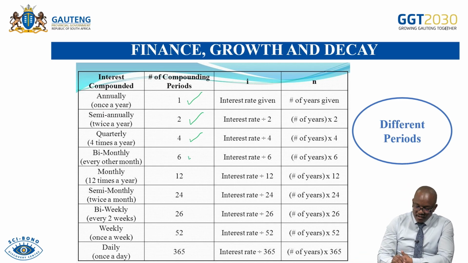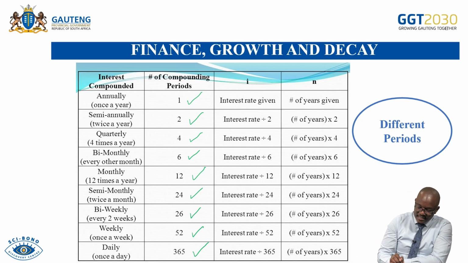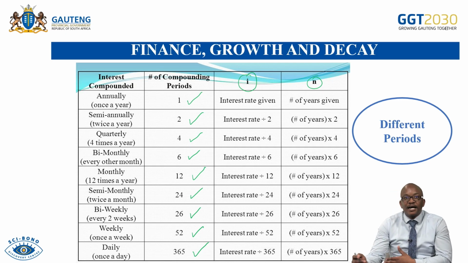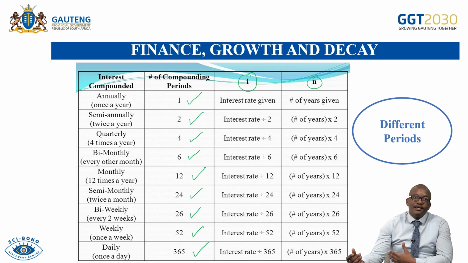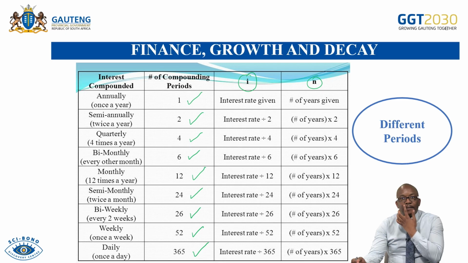And we also have bi-monthly, monthly, semi-monthly, bi-weekly, weekly, and daily. Now, remember with this one, we said it affects our interest, which is I, and it also affects the number of years. Where we see I, we will divide it by the different periods, and where we see n, we also multiply it by the number of periods.